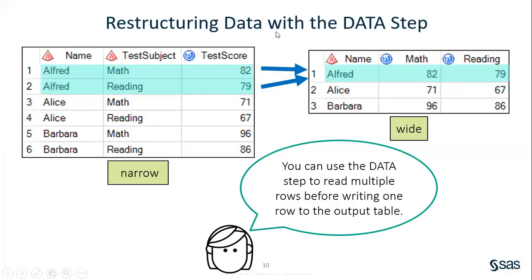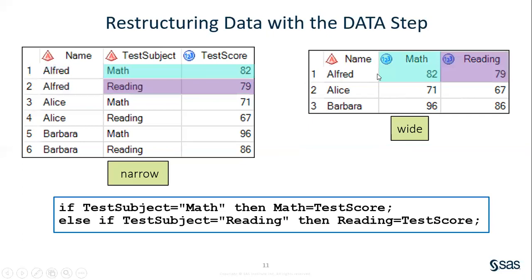So that's what. Now restructuring data with your data step. What we are now going to do is narrow to wide. You can use a data step to read multiple rows before writing one row to the output table. So two rows are written into a single row for a single subject or a student.